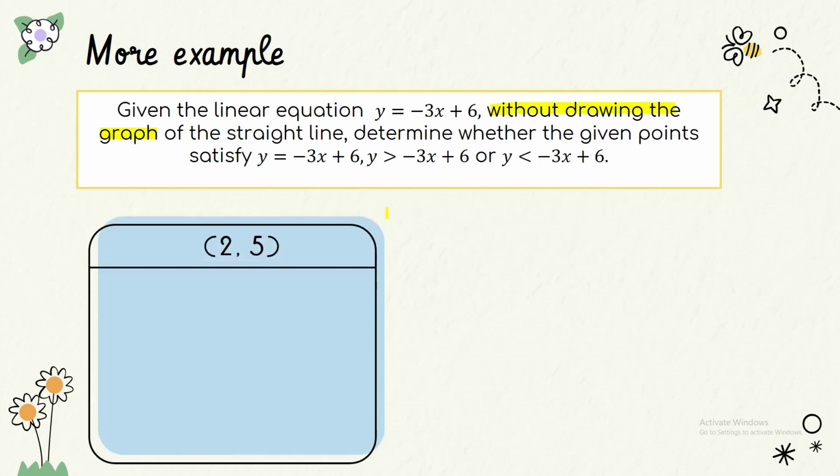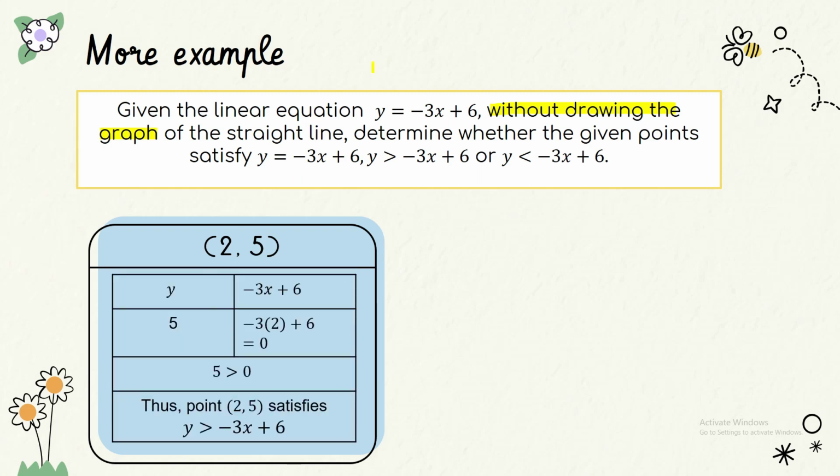Okay, for the first point, which is 2, 5. How do we determine which one it is? Okay, I will show you step by step. First, you draw a table like this. Then in this row you put y, and then you put the equation here. This is the equation. Then you insert here.